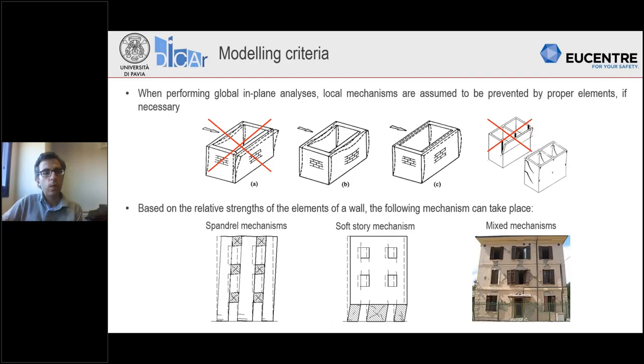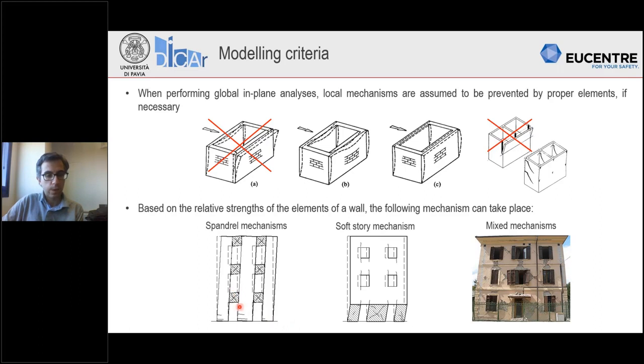Now, when performing global in-plane analysis, a fundamental assumption is the fact that local mechanisms are prevented by the presence of proper elements, if necessary, of course. Based on the relative strength of the elements of a single wall, different mechanisms can take place. For example, if you have spandrels that are weaker than piers, you will have a so-called spandrel mechanism.